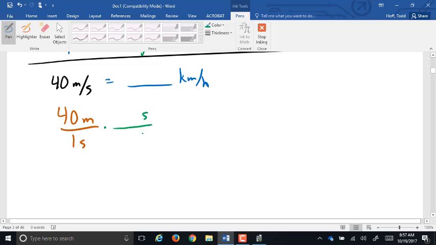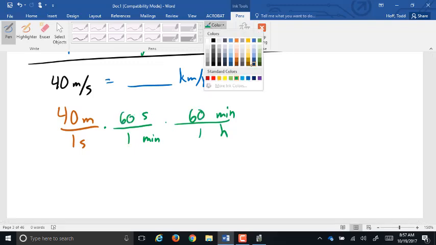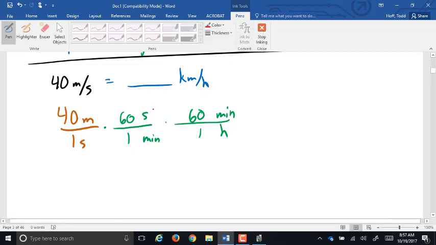Let's do that first. Now, we had said earlier there is no direct conversion from seconds to hours. We're doing seconds to minutes, and then minutes to hours. 1 minute is 60 seconds. 1 hour is 60 minutes. You could just say 60 times 60 is 3,600. So 1 hour is 3,600 seconds.